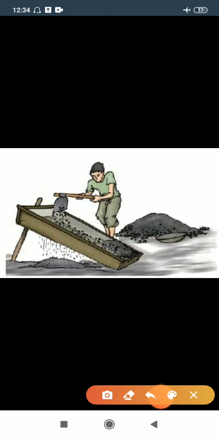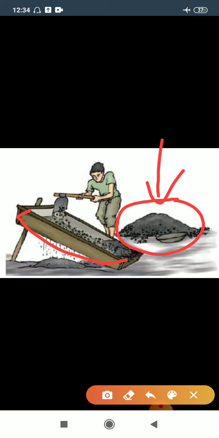Now students, in this picture you can observe the big sieve. This type of sieve you can observe at construction sites, whether it is a building construction or different types of construction sites. Here you can see a mixture of sand particles as well as big stones.